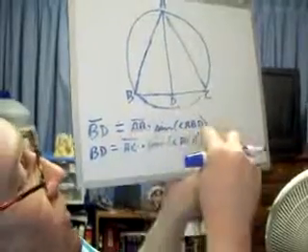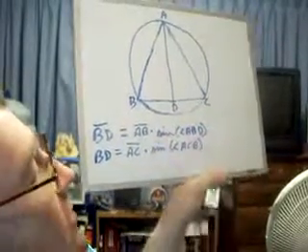We've now established that BD equals this and BD equals this.